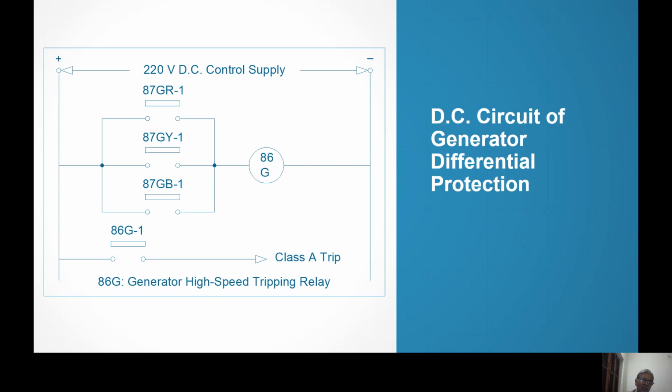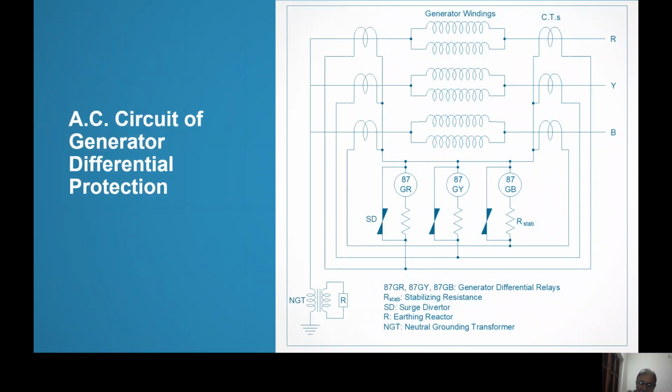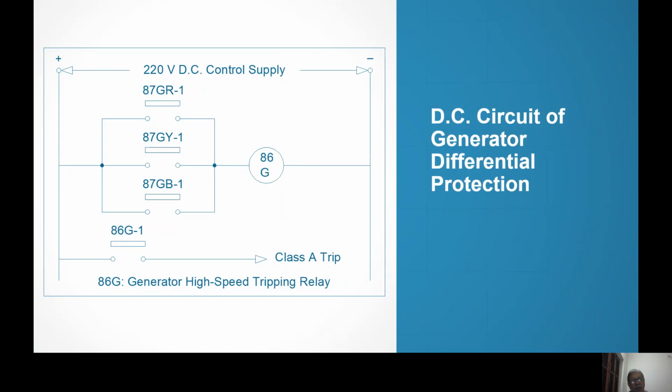The DC circuit is the operation of 87 GR, GY, GB. Any of the 3 relays operates, that means a double line or triple line fault has occurred. Then 86 G1, which is not written here. There are 3 relays: 86 G1, Class A protection; 86 G2, Class B protection; and 86 G3, Class C protection.